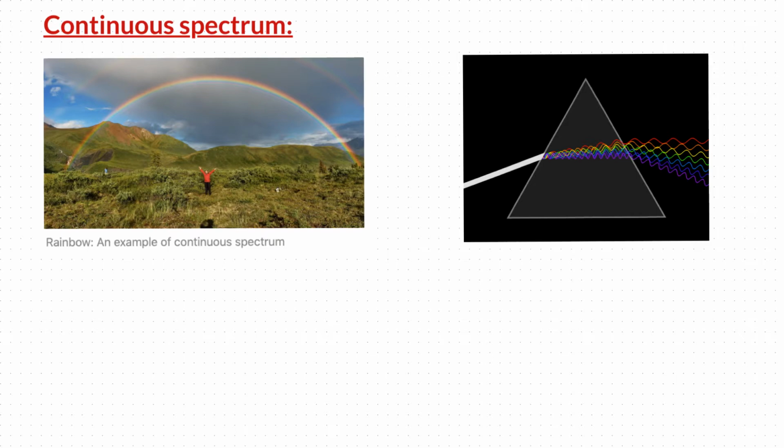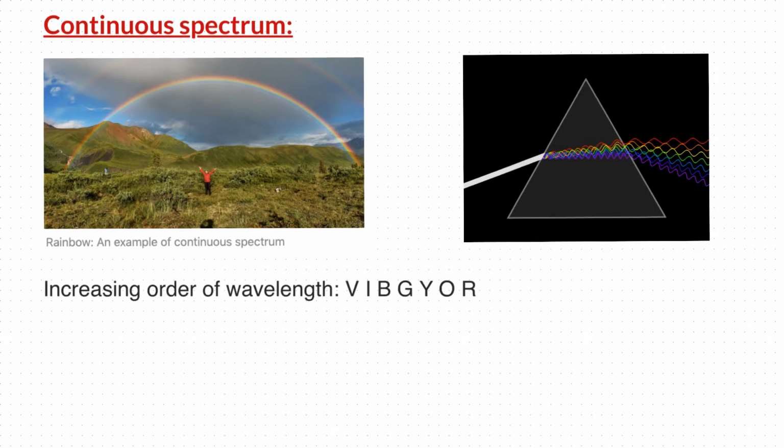If we arrange all these colors in the increasing order of their wavelengths, we get violet, indigo, blue, green, yellow, orange and red. The violet color with the shortest wavelength bends the most, followed by indigo and so on.